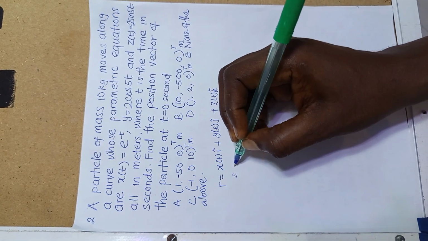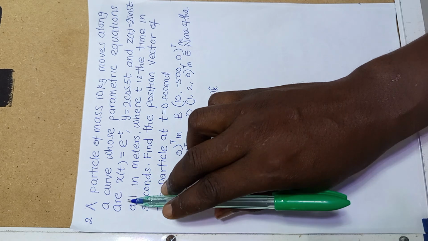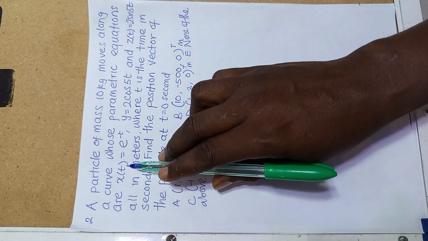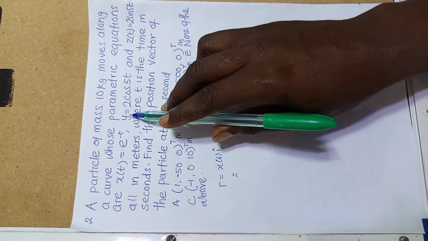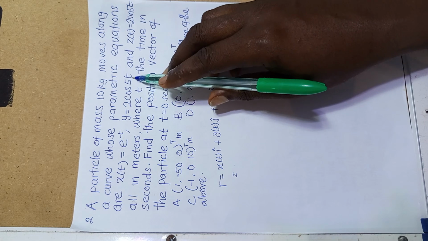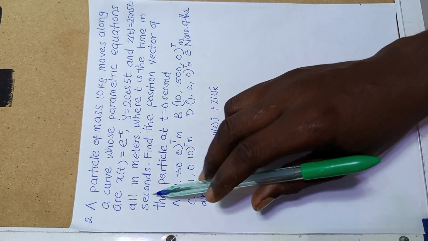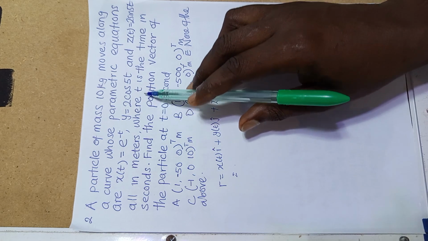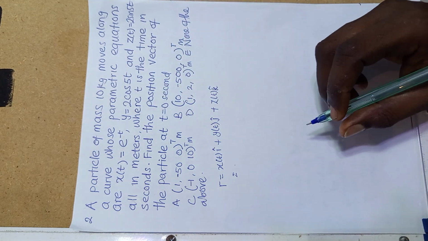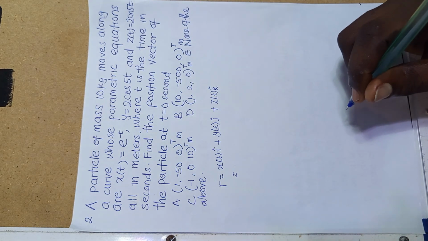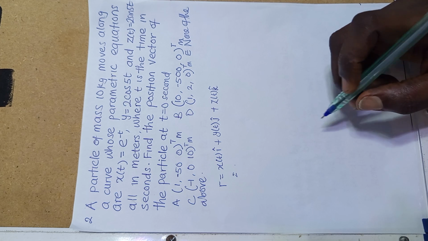So what is the parametric equation? S of T equal to e raised to power minus T, Y of T is 2 cos 5T, and Z of T is 2 sin 5T. All in meters, where T is the time in seconds. Find the position vector of the particle at T equal to 0.